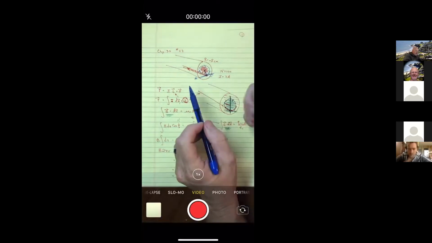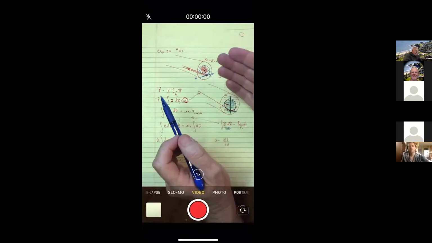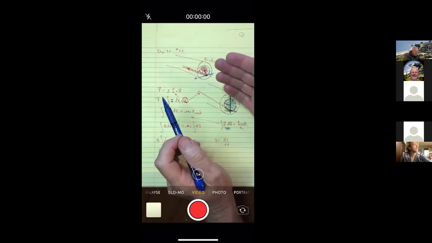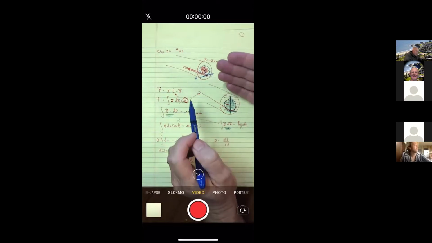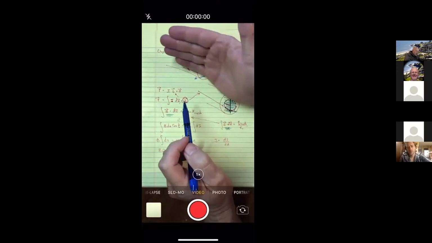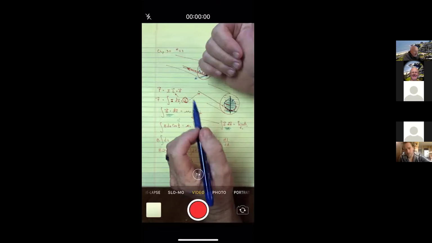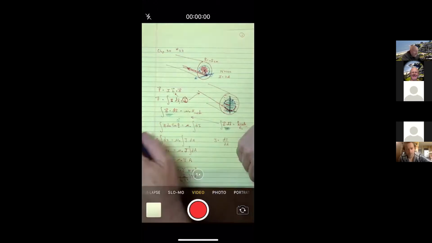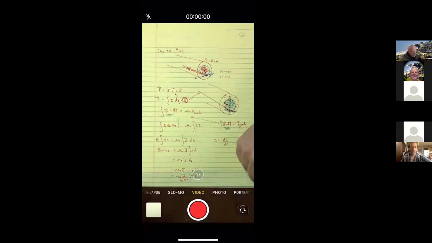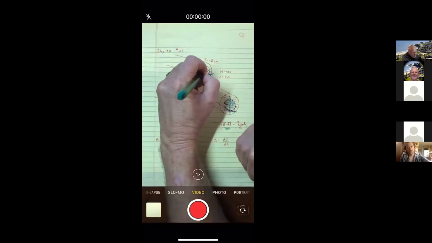So if I take my right hand to do the cross product, I would put my fingers in the direction of the current, close towards the magnetic field, and that would give me a force that is, for this wire, upward or towards the center.